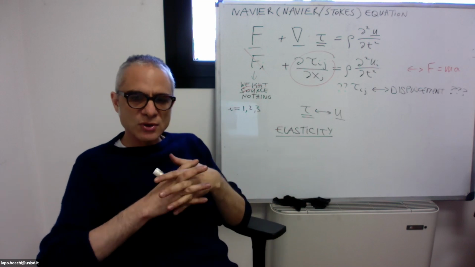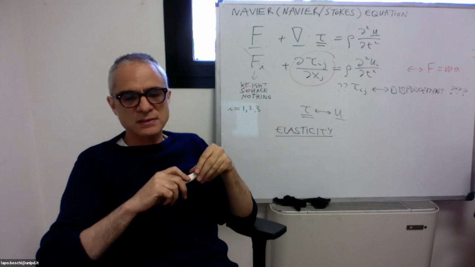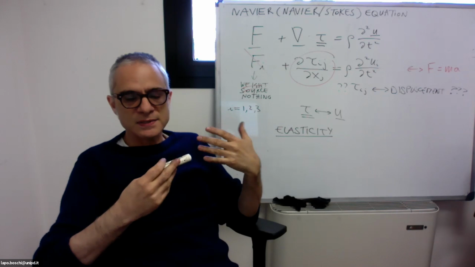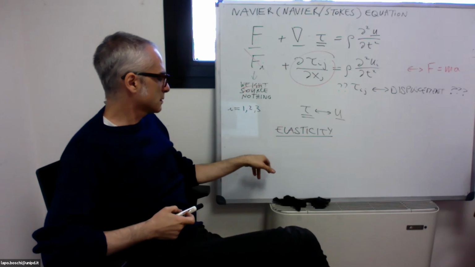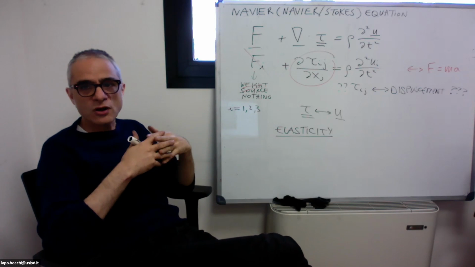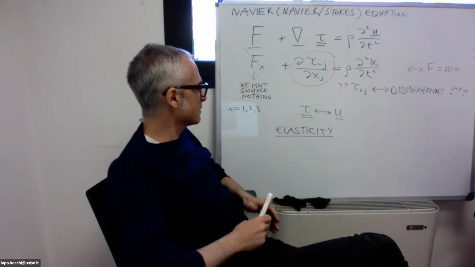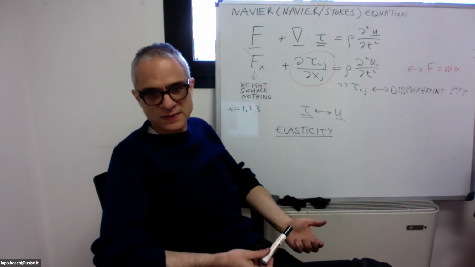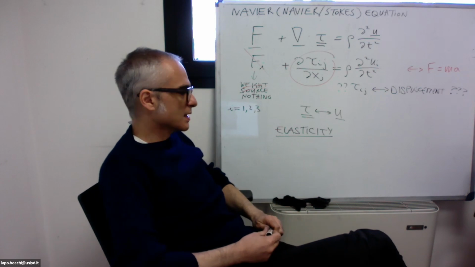Because the media we are dealing with are viscous over long times. But in our approximation, if we only consider a short time after the event, we can approximate our media with perfectly elastic media.